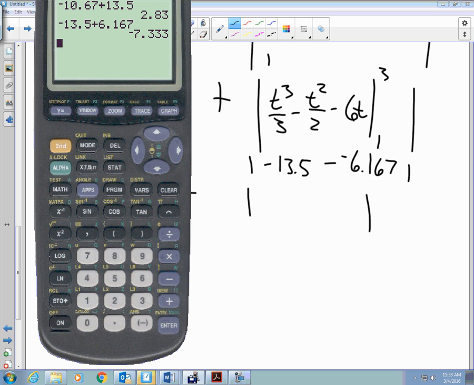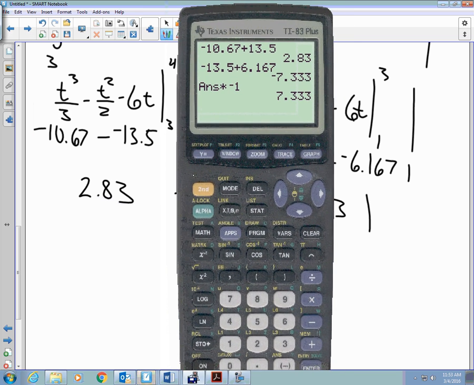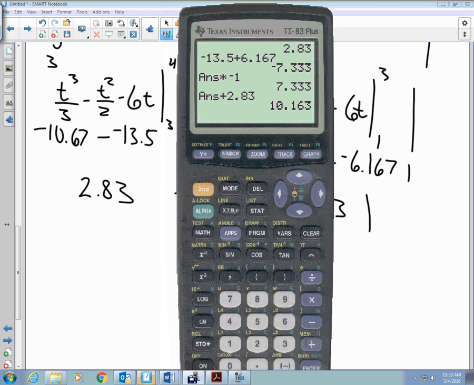And we knew that that was going to be negative. So if we simply add those two together, you can see that we come up with 10.167. That's an estimation. The actual fractional value is 61 over 10.